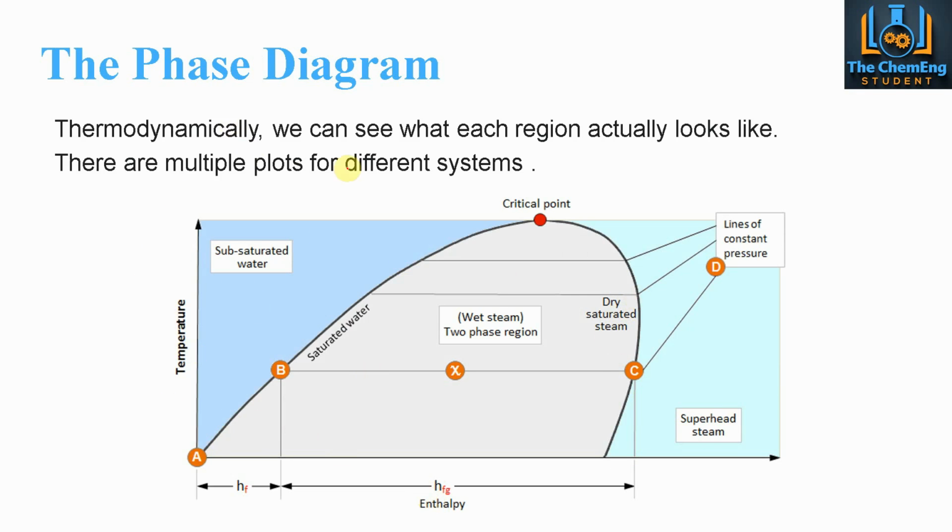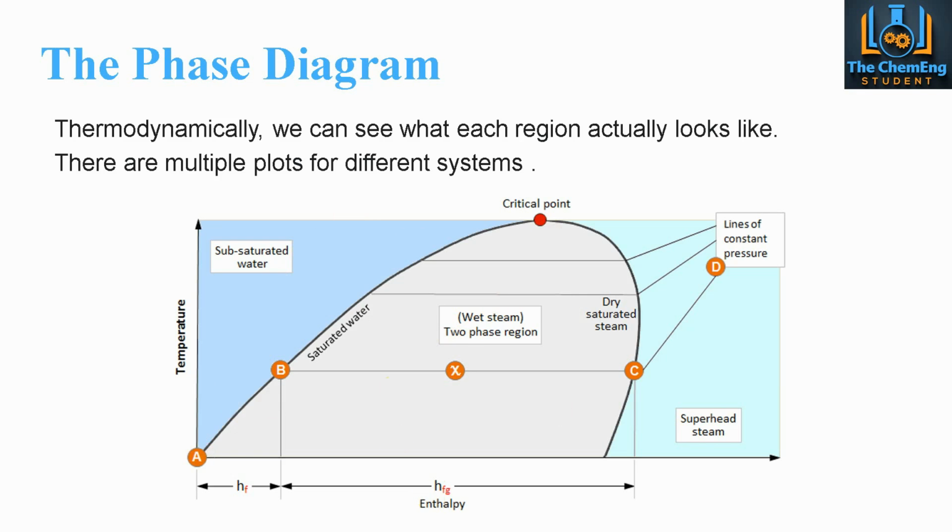But essentially what we say here is that anything inside of this big curve is known as the two-phase region. What that means is that liquid and vapour will exist simultaneously.